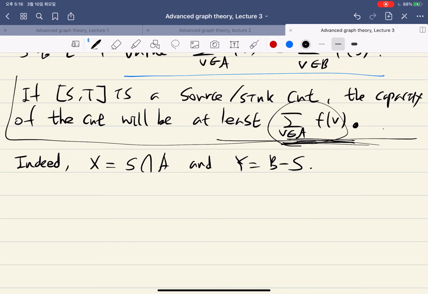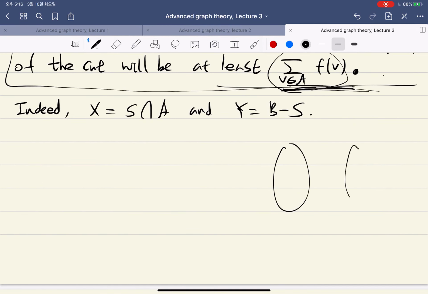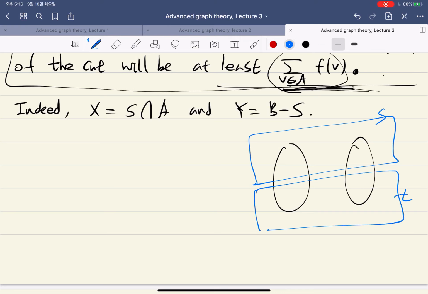So again, we have this bipartite graph as before, and we have this S, and we have this T. So those three types of edges are participating in the capacity of the cut.